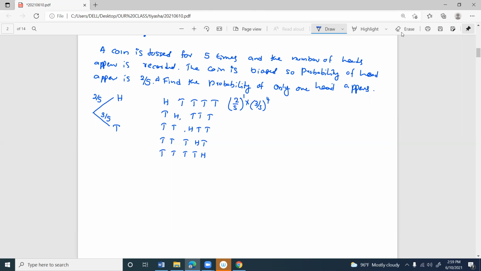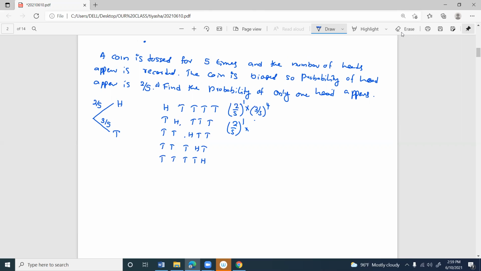Here also it is 2/5 to the power 1 and 3/5 to the power 4, and the other ways are the same. If you want the probability that the number of heads is 1, it is 2/5 times 3/5 to the power 4, and there are some combinations here.